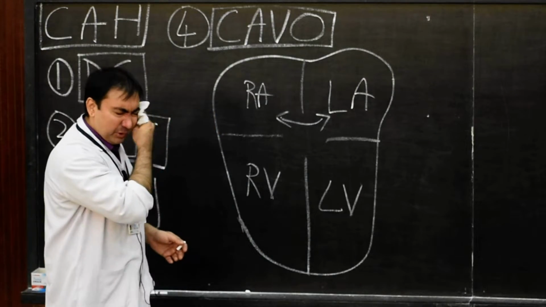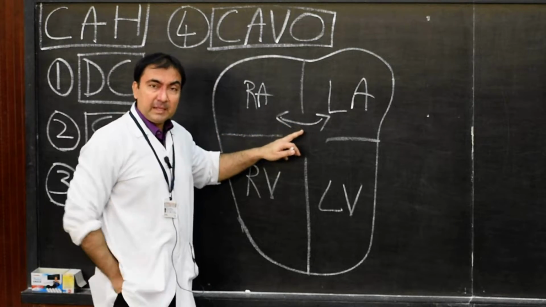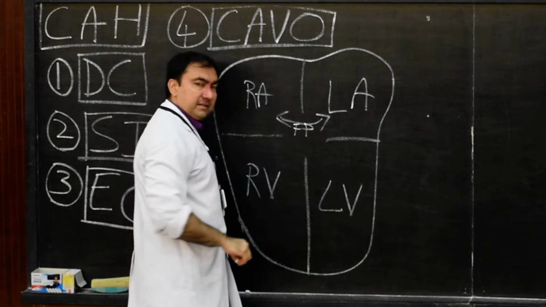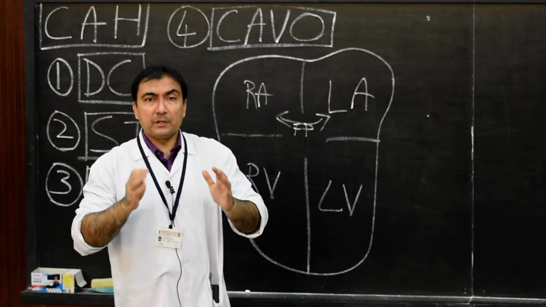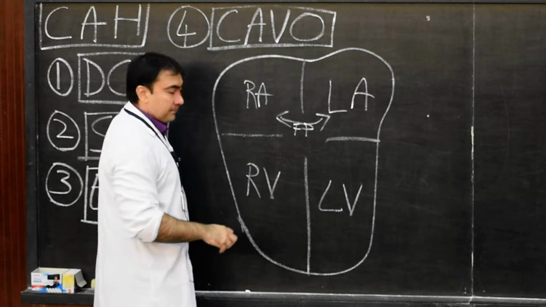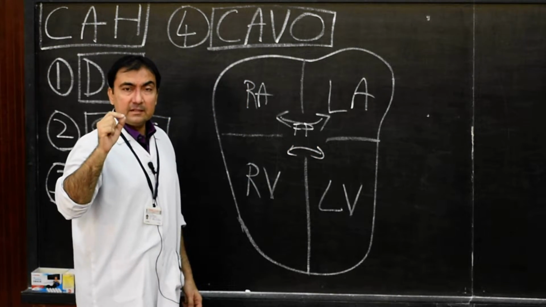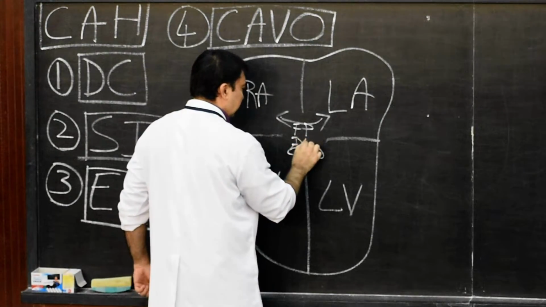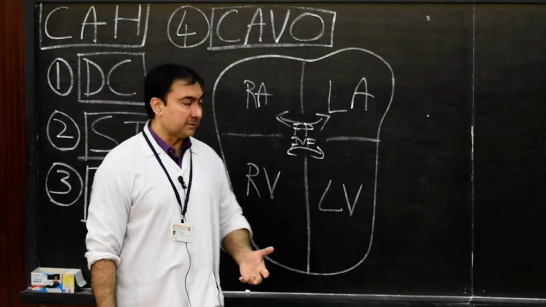Now at that point, if the foramen primum is intact, that is, it does not close, it is called patent foramen primum. In the interventricular septum, there will be the interventricular foramen. So if this interventricular foramen also does not close, if it remains patent, what will happen?